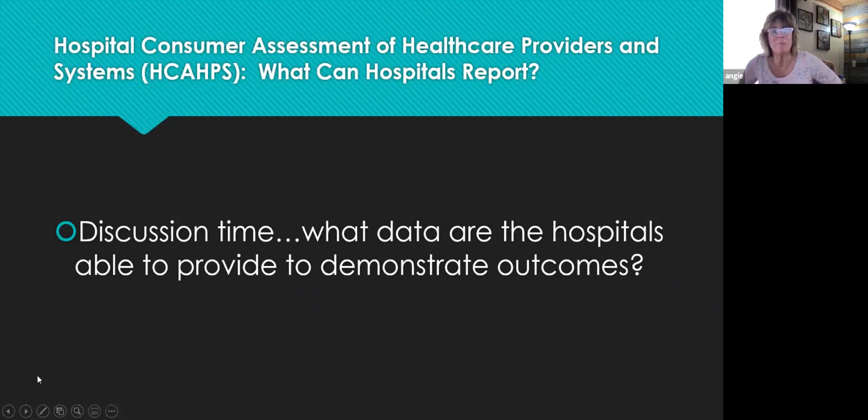HCAHPS. This is probably one of our biggest ones that I've seen on everybody's work plans as far as what we're doing. And I do know HCAHPS is definitely a challenge for everybody right now, just getting data and meeting that mark for Care Compare, as well as looking at what our hospitals are really doing with their HCAHPS scores.